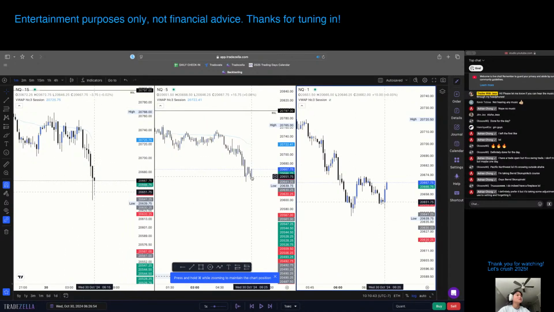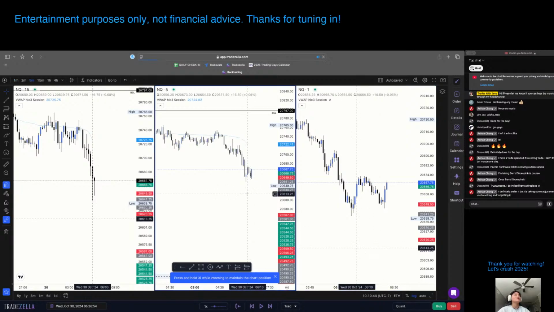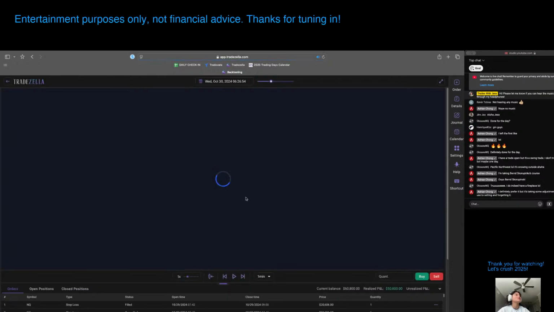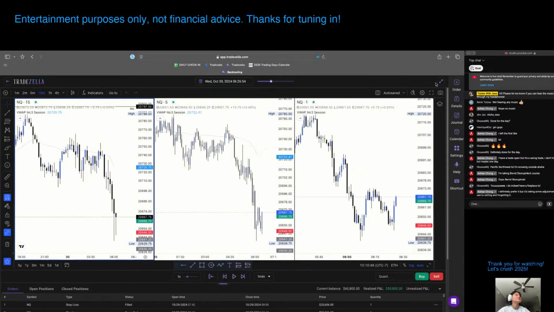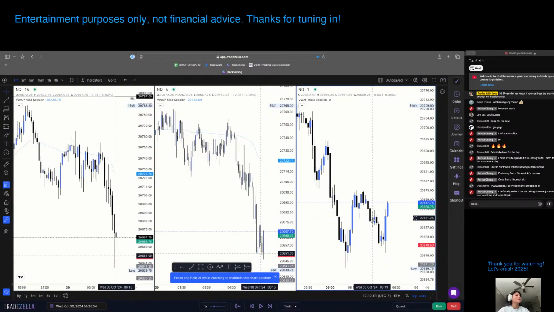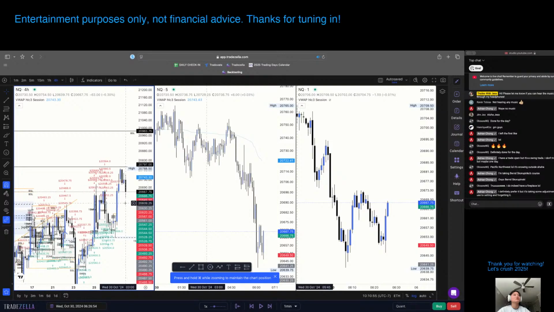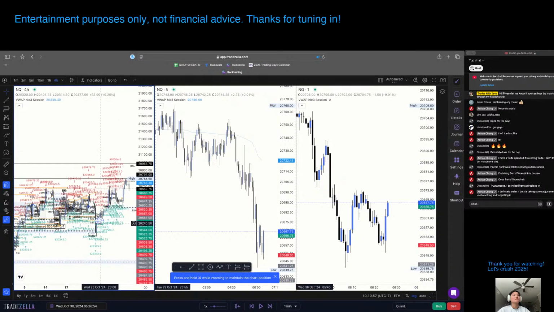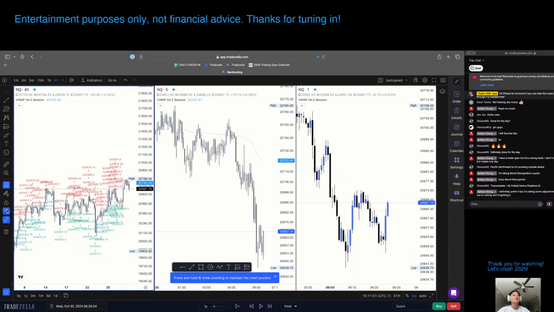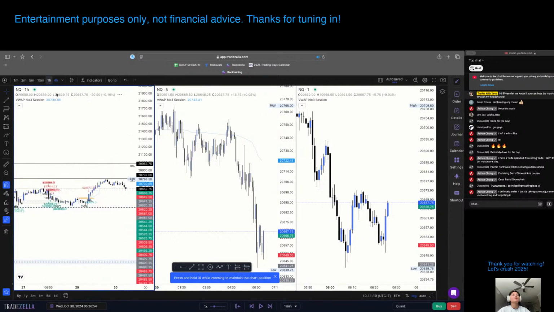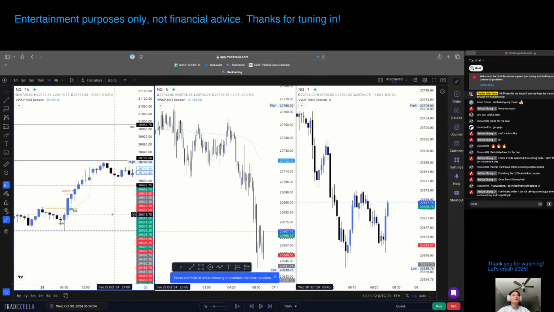Okay, let's see. 628. This is 620. Why is this? Let me refresh it. Okay, let's do some analysis first. Sorry guys, don't mind all the craziness. Okay, we broke out of this range, retesting right now. Do we have any imbalances?